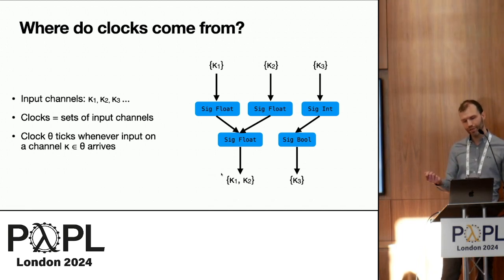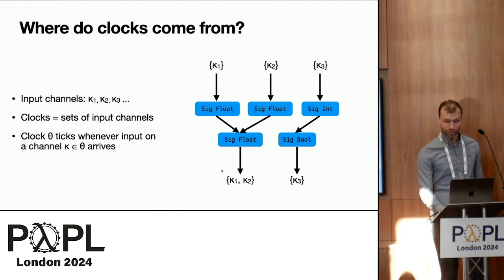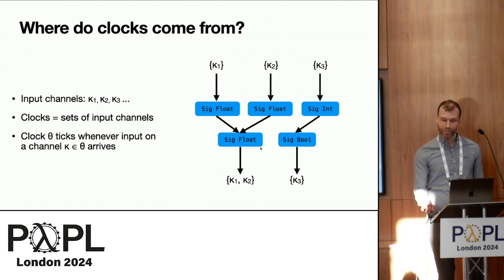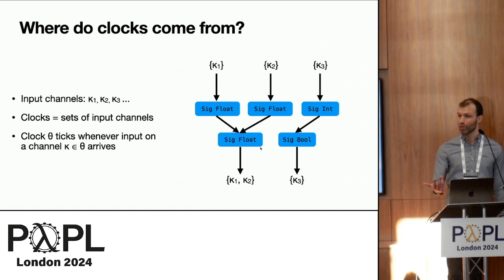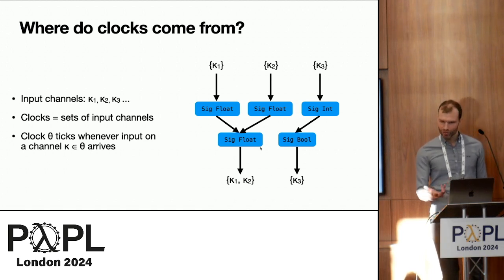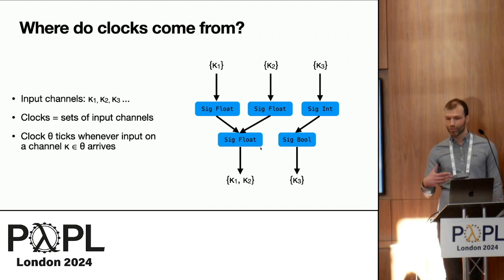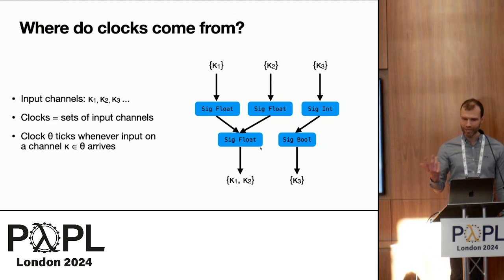And you can think of these clocks as telling us when to update our signals, right? So this says, this signal here needs to be updated whenever we receive a new input from kappa 1 or kappa 2. That also ensures that our program self-updates its dependencies.